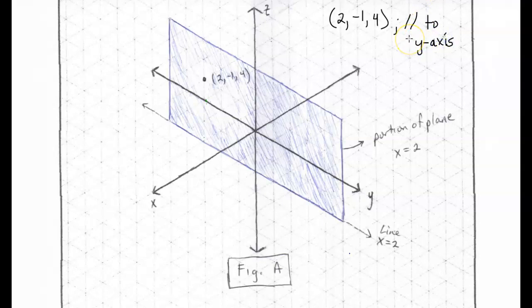If I describe it this way, then it's a bit more ambiguous to know what plane I'm talking about, and I'll explain why. So first, we know that this particular plane here is parallel to the y-axis, okay? And so we know that because this same plane is parallel to the YZ plane, okay?